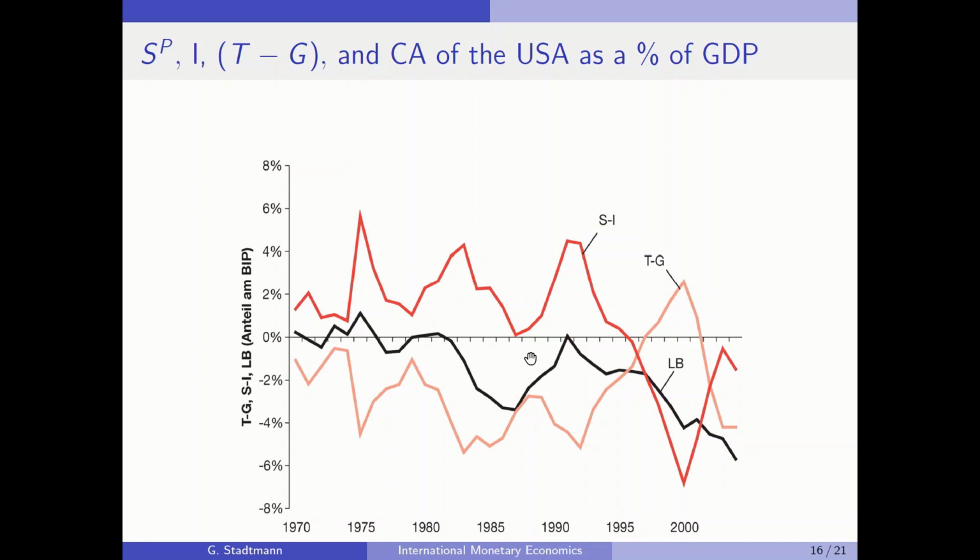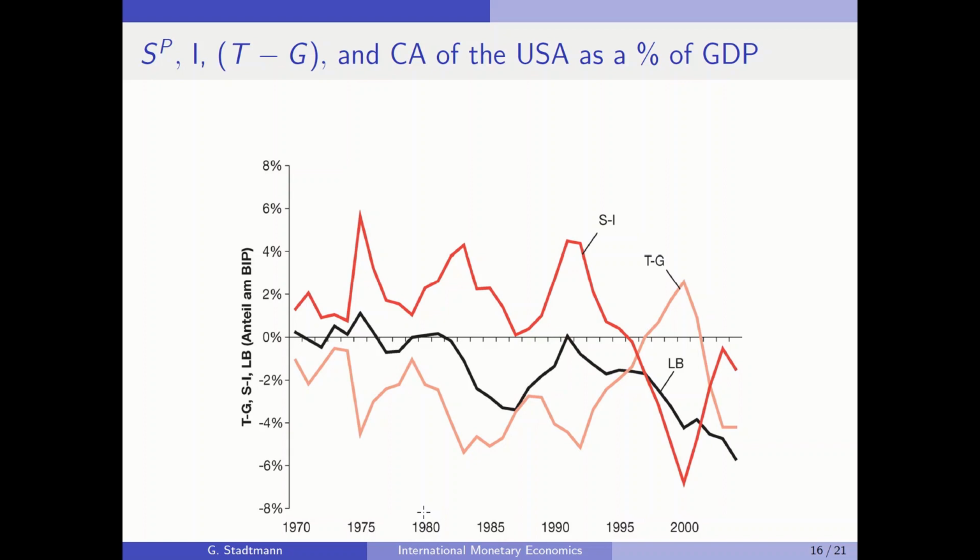And also the American current account is, since the 1980s, always in red ink. The Americans are always running a current account deficit. Since the government budget is in a deficit and the current account is in a deficit, we call this relationship a twin deficit.